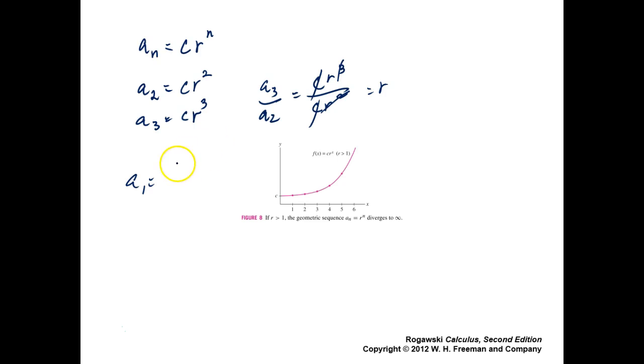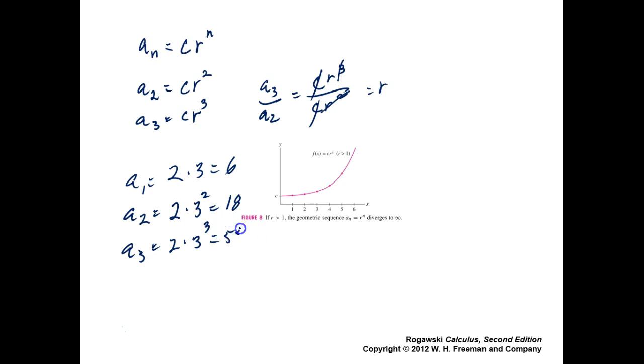Yeah, C is 2 and R is 3. So that would be 6, right? A sub 2 would be 2 times 3 squared, which would be 18, right? A sub 3 would be 2 times 3 cubed, which would be 54, right?